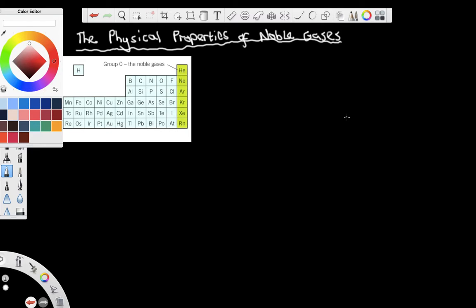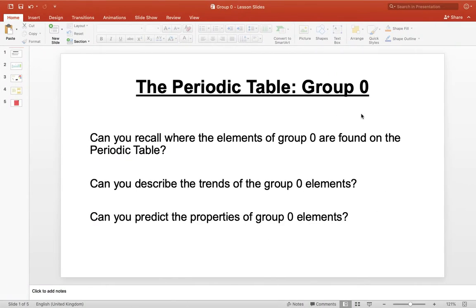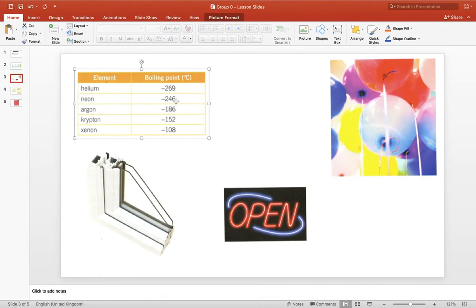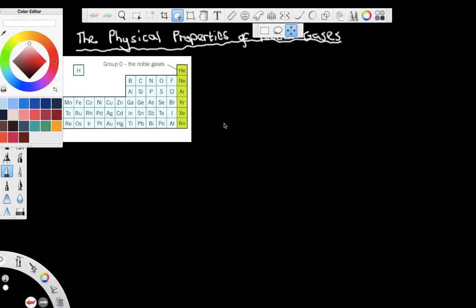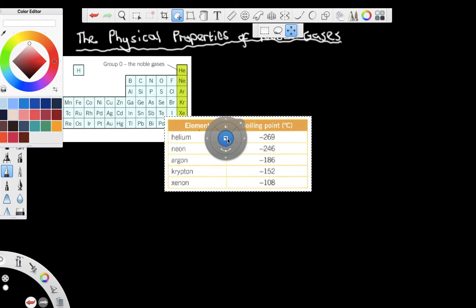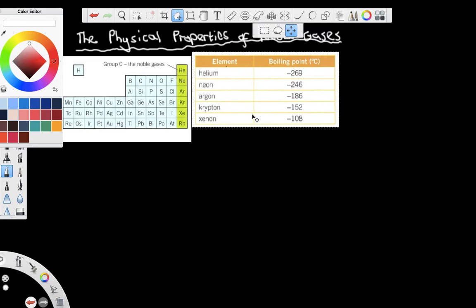Okay? If I was to get a table of the boiling points of the noble gases, it would look like this. As we move down group 0, the boiling points increase. However, the noble gases in general have very low melting and boiling points.